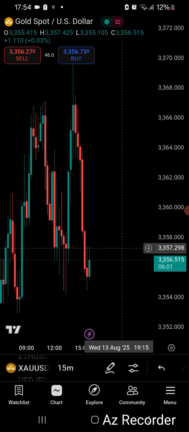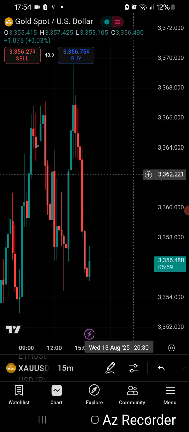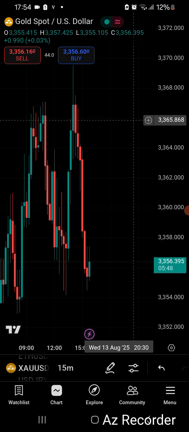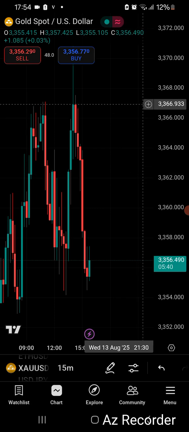When I trade SNR levels, I look at former resistance lines. Resistance, by the way, is where price goes back down. Like you see over here, there's a green candlestick followed by 3 red candlesticks. That's resistance.